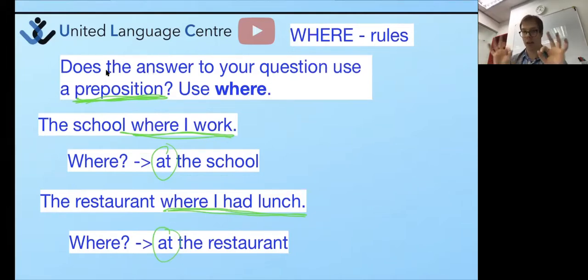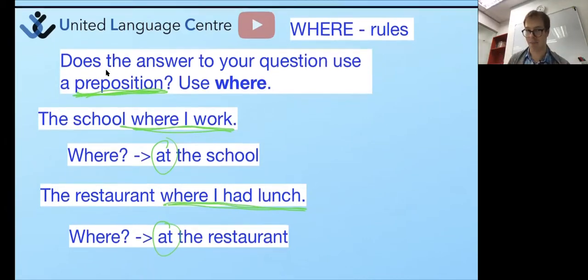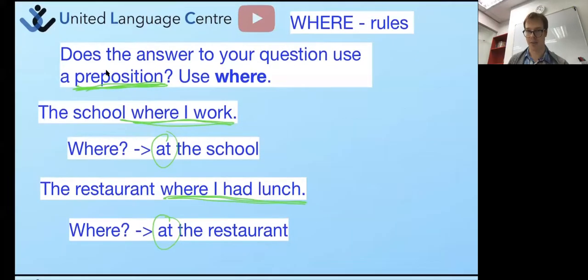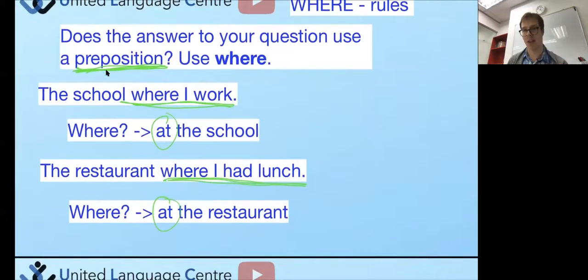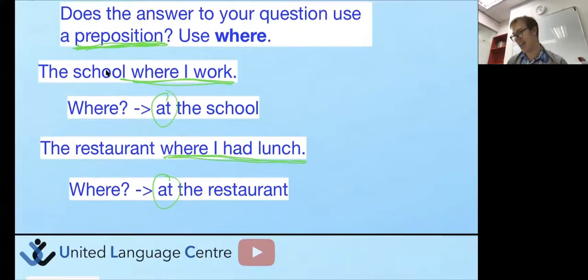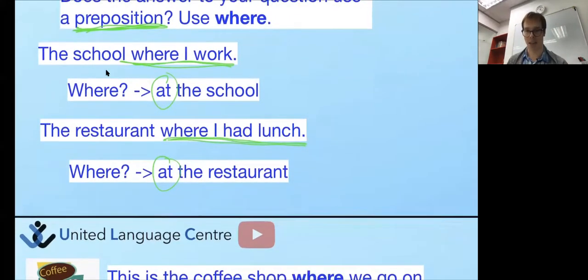Then we know it's okay to use the where. If the answer does not have a preposition, then it's another situation where where is not the best choice. Okay? So think about your answer. The at, the on, right? Or the in for place, that's okay.